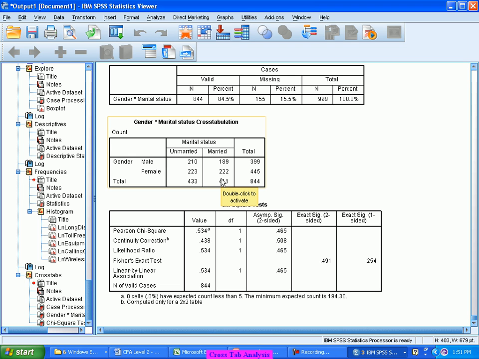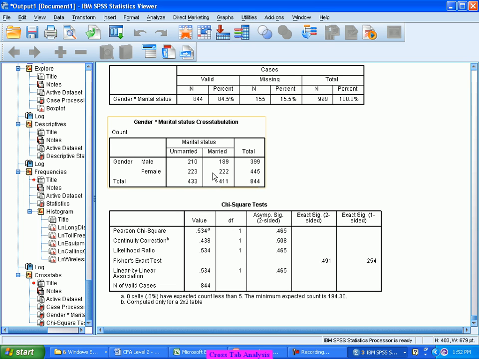Almost equal. Whereas in the males case, unmarried are slightly more compared to married. In the females case, married and unmarried are more or less the same. That's one observation, just a visual observation. We have to go with statistical observations finally.